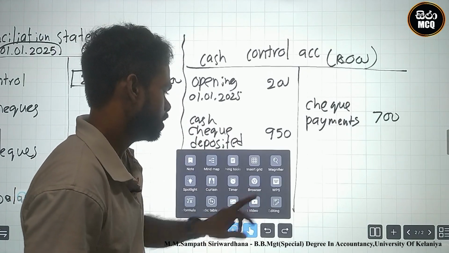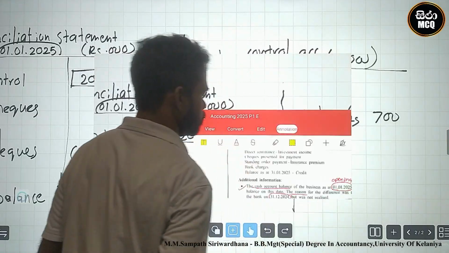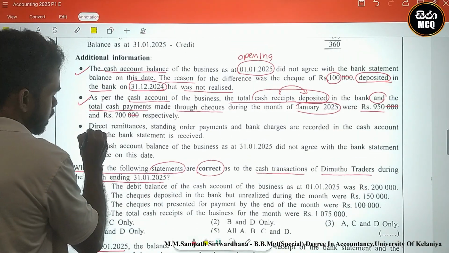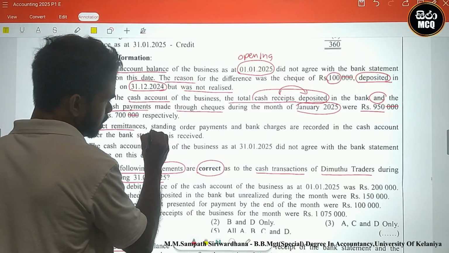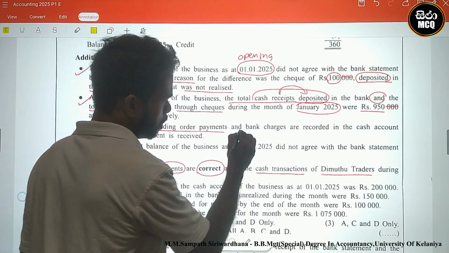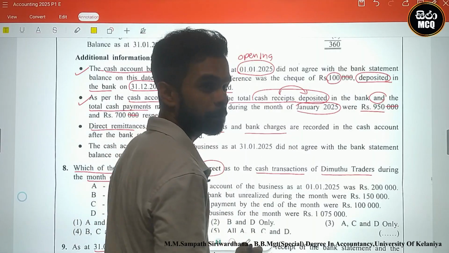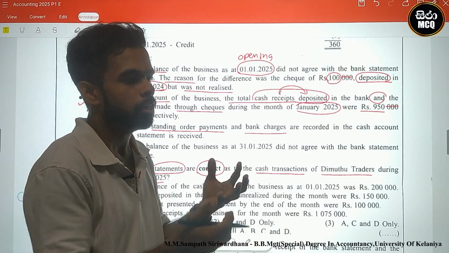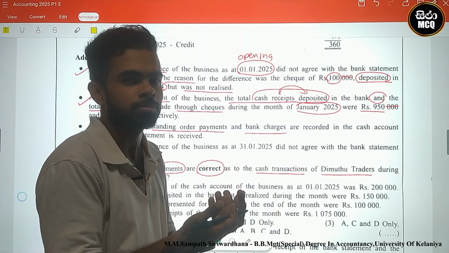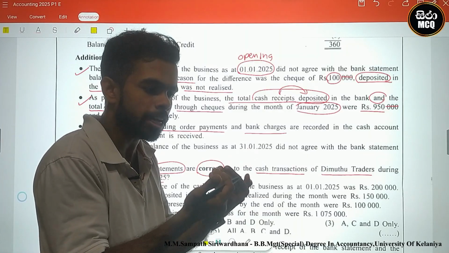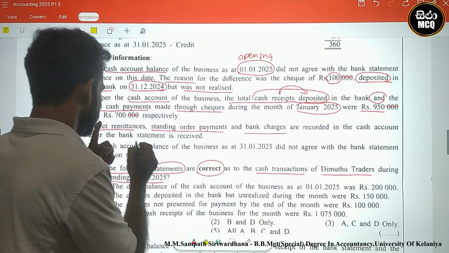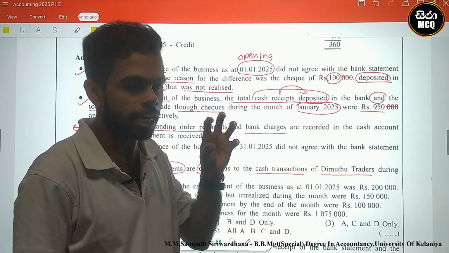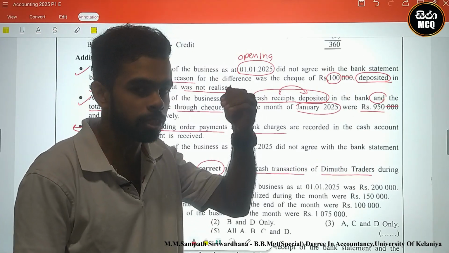Okay, look here. The next information: direct remittance, standing order payments, and bank charges. Look here, there are 3 items. Direct remittance means we received some cash amount into the business directly to the account.